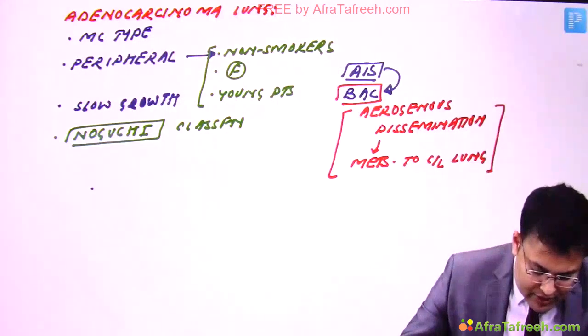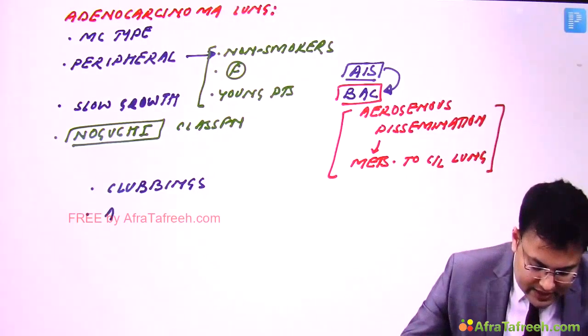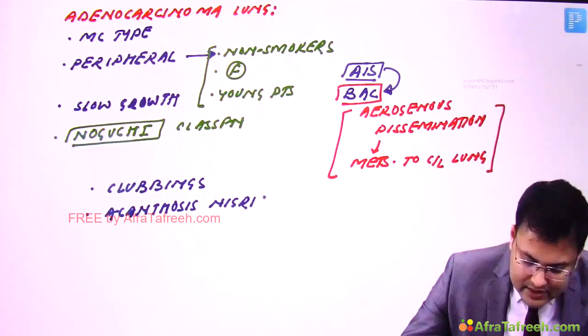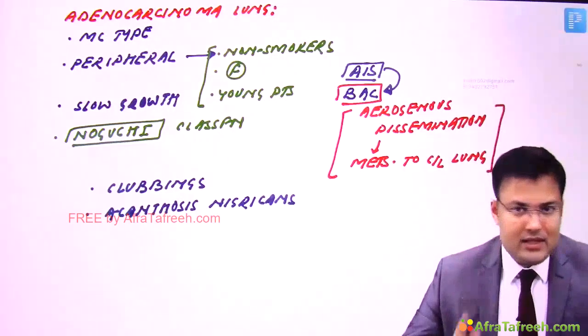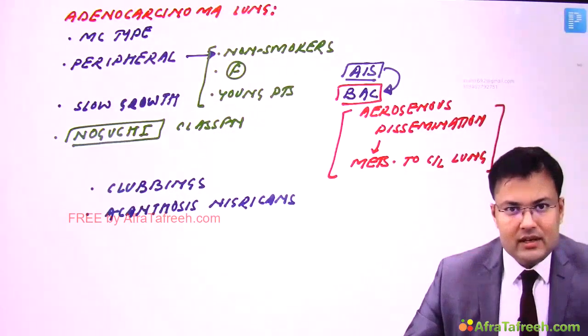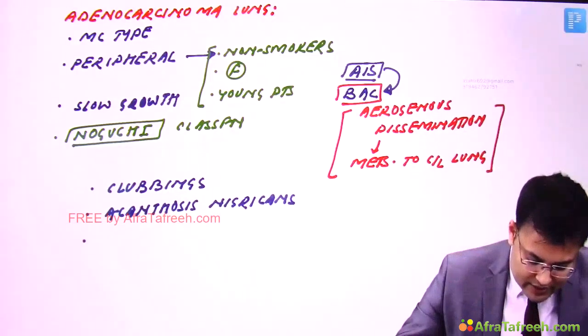Now see the other special features, the important points related to adenocarcinoma. It is associated with clubbing. Adenocarcinoma, we discussed, is associated with acanthosis nigricans. And you must be knowing that there is migratory superficial thrombophlebitis associated with malignancy. We discussed the most common malignancy associated is carcinoma pancreas, but carcinoma lung is also associated. Which variety? Adenocarcinoma. So there is thrombophlebitis.